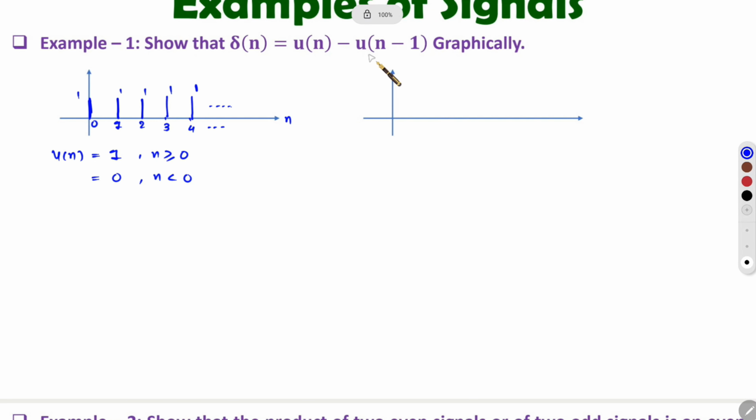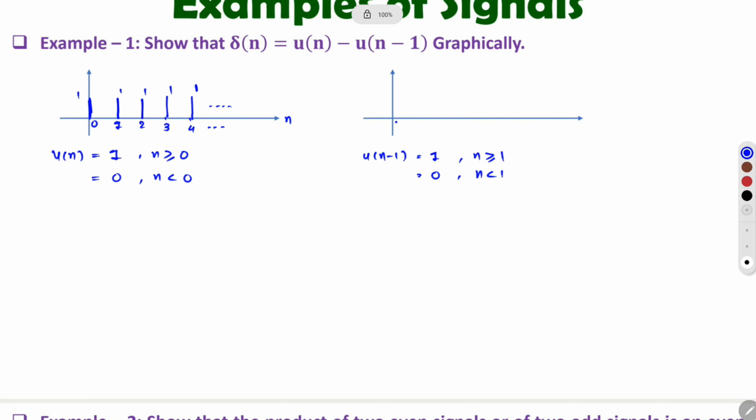If you talk about u of n minus 1, you will observe it has value 1 provided n is greater than or equal to 1. That means for n greater than or equal to 1, it has value 1, and if n is less than 1, its value is 0.